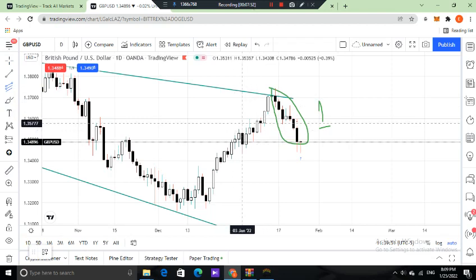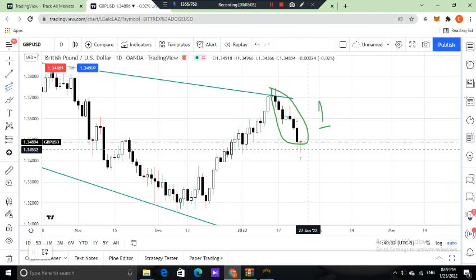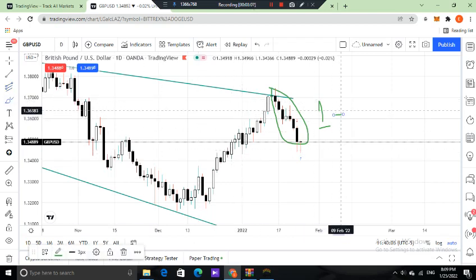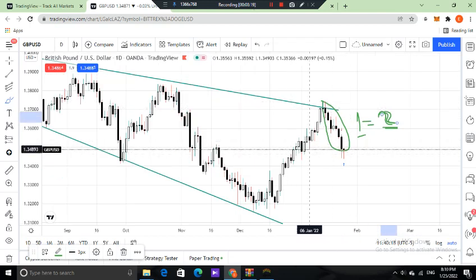Actually, the concept is, when you have a strong breakout, a strong leg, and after that a pullback, the second leg would be as large as the first one. They're equal. First leg is equal to second leg. That's the concept.